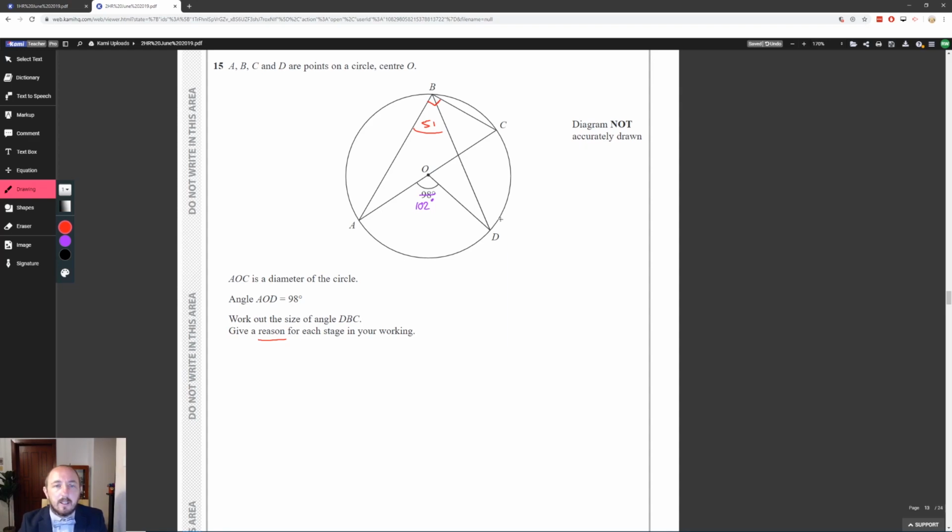So angles at the circle circumference from a diameter are going to be 90 degrees. So we can now work out 51 and 90. So 90 minus 51 is equal to 39 degrees in here. So DBC is that angle there that we've just worked out as 39.